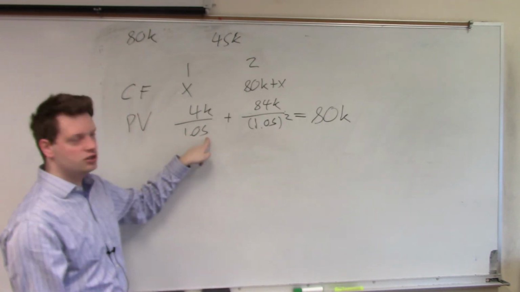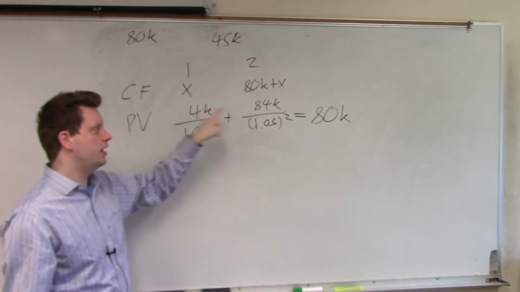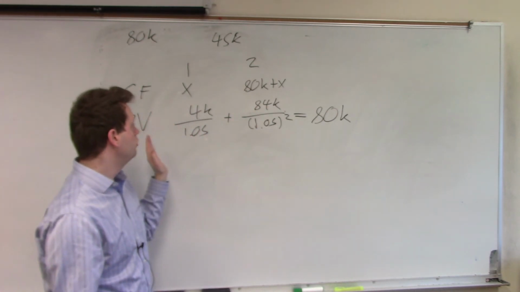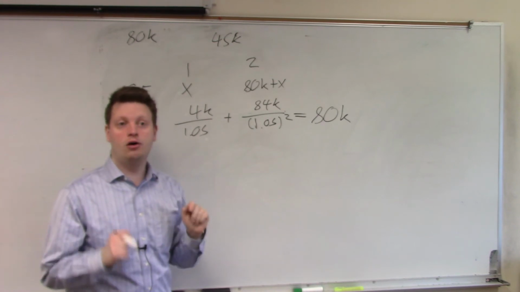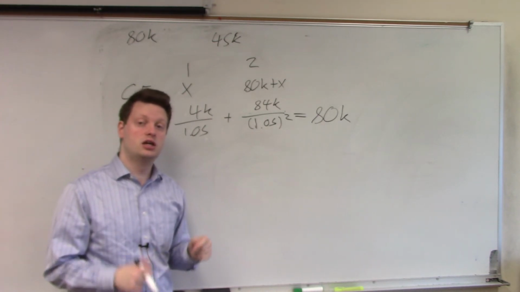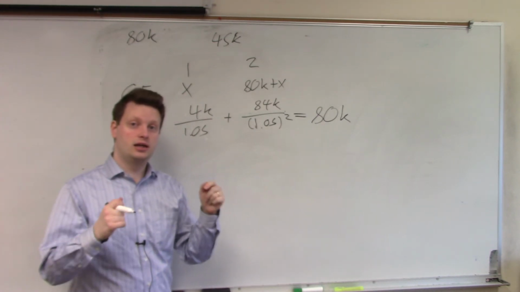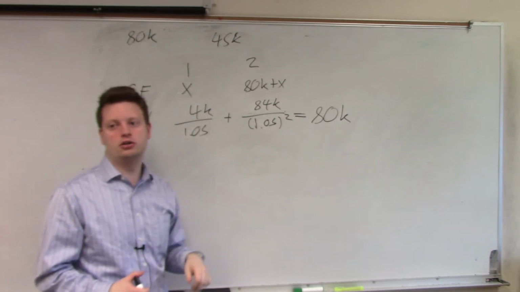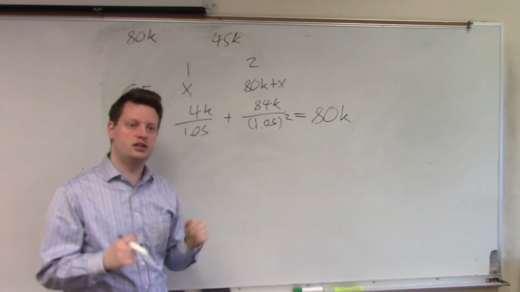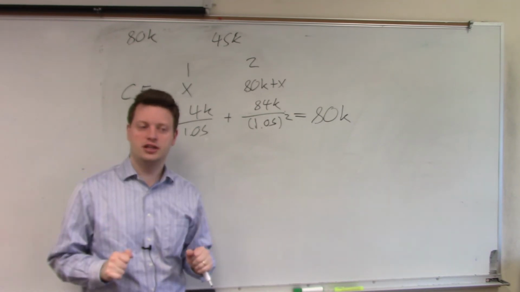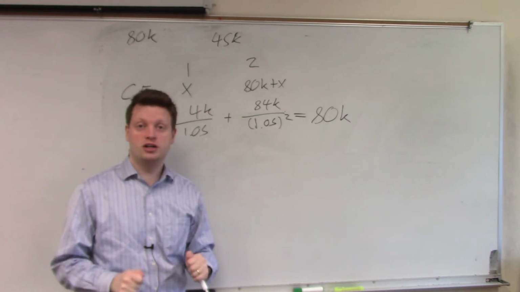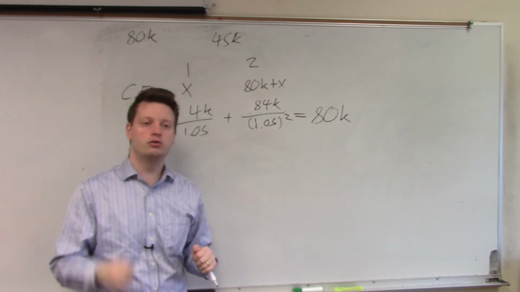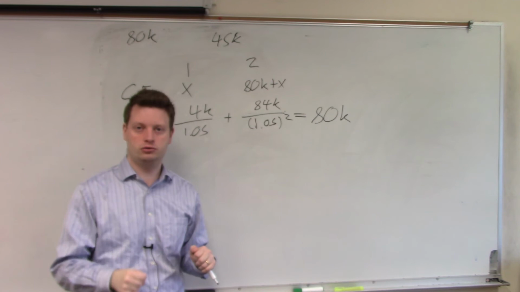Because as the interest rate goes up, this payment goes up by a similar proportion. So, no matter how high or low the interest rate is, we will always get a present value of 80,000 if we take out a loan for 80,000 and the interest rate stays the same. That's great. No matter what investment project we have, the loan we take out, the present value of that loan is always the amount of the loan.